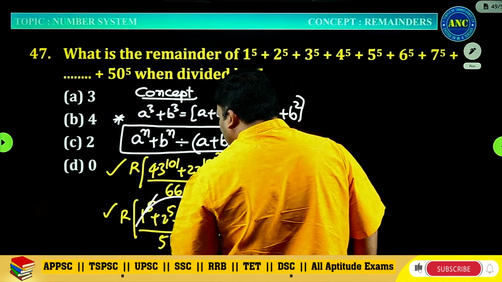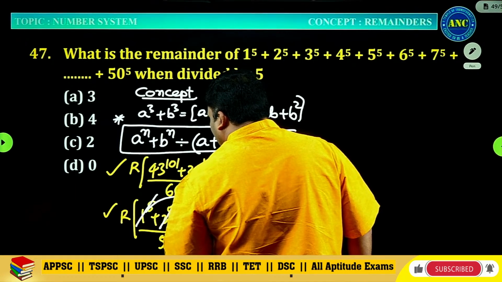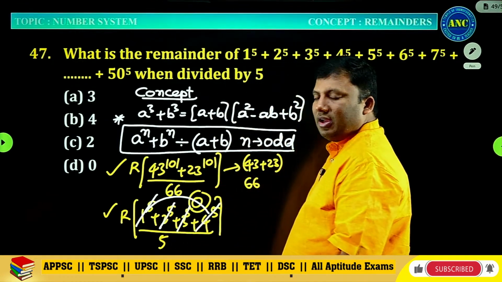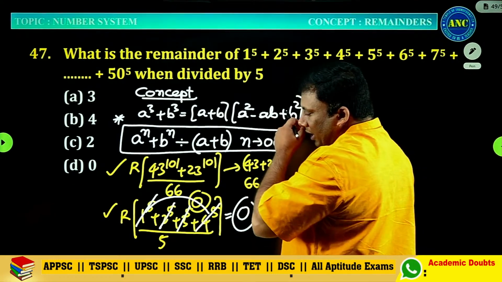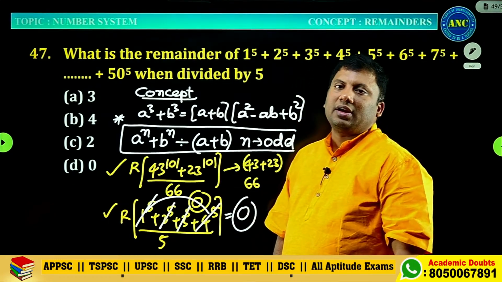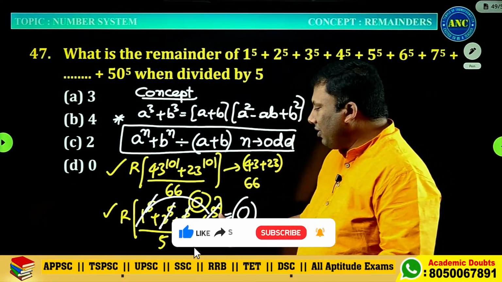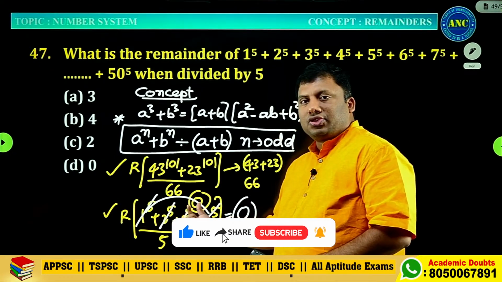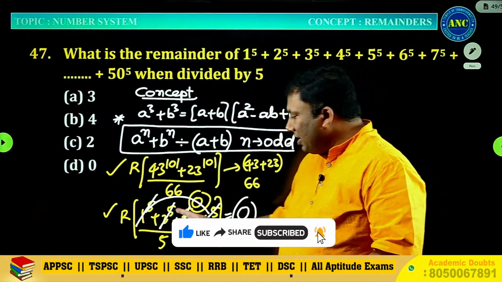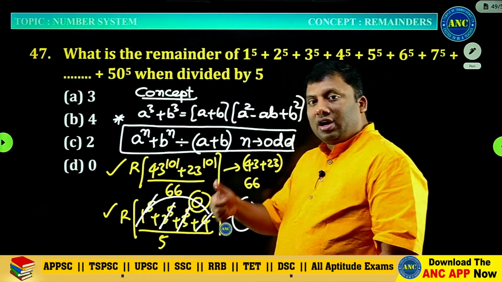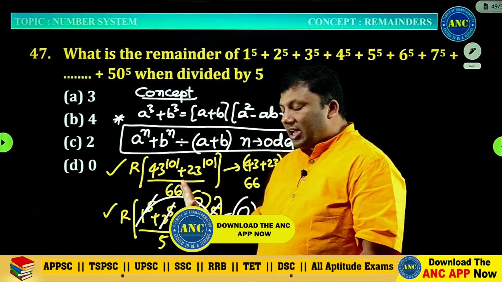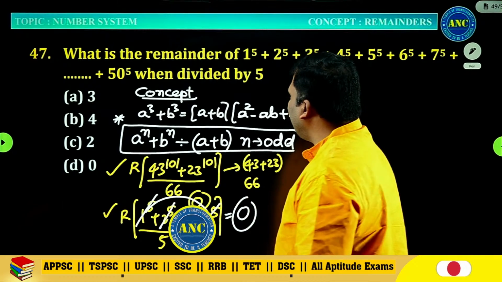The second and third are also divisible by 5. So the entire numerator, when divided by the denominator, gives the answer 0.